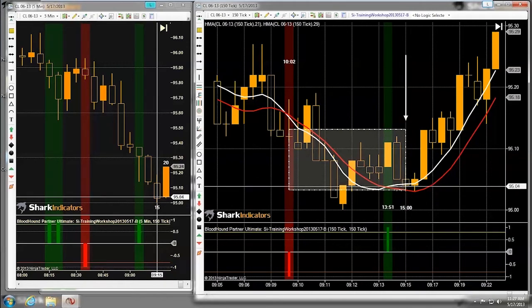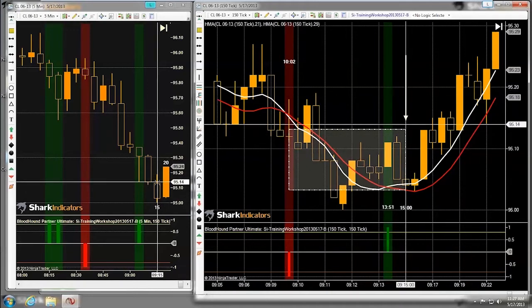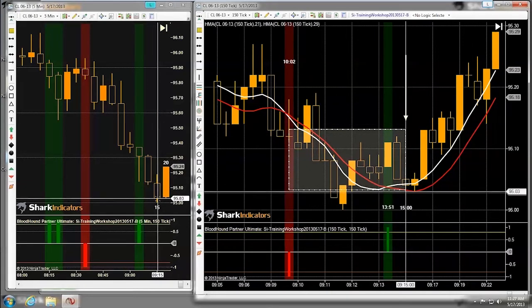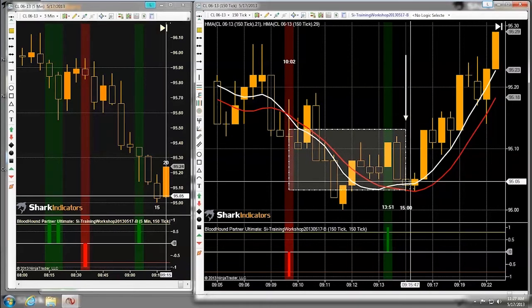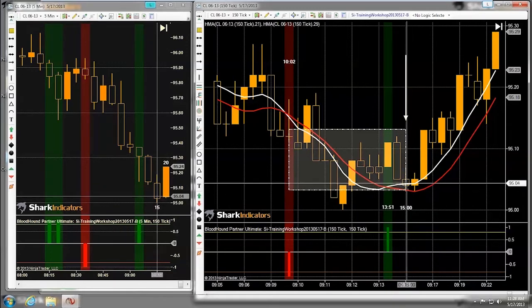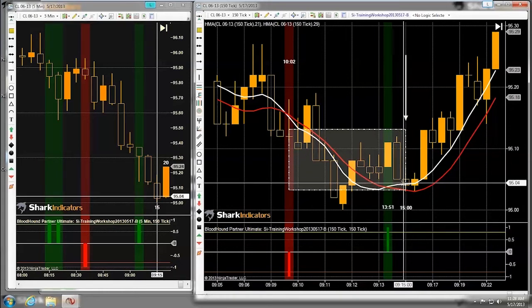So we had 2 bars where there was no cross-up condition on the 150 tick chart. Therefore, when the 5-minute bar closed at exactly 9:15, or 15 minutes, it looked to the tick chart at this bar and asked, is there a cross-up on this bar? Of course there isn't, and there wasn't a cross-up for even the previous bar back. So that's where the issue lies.